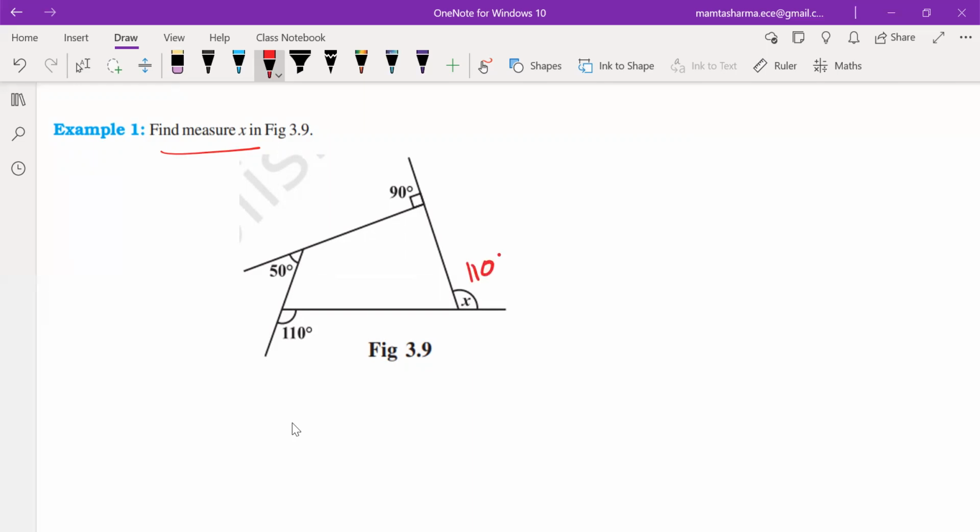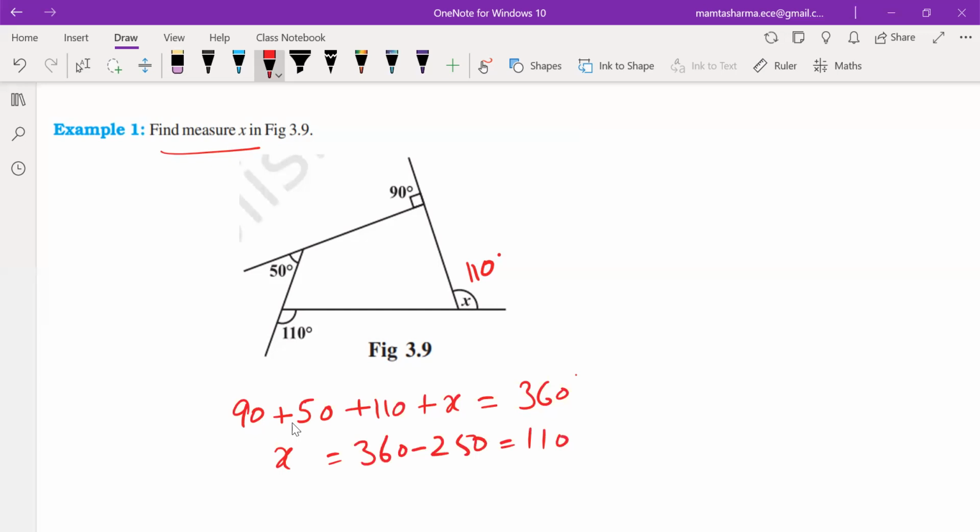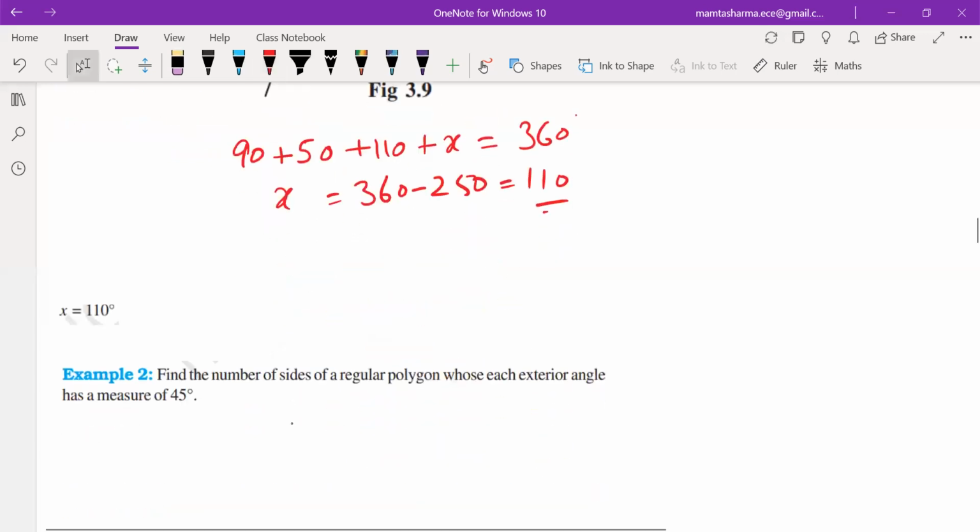It will be 110. 90 plus 50 plus 110 are exterior angles, and here x is also an exterior angle, and the sum is constant, that is 360 degrees. So x would be 360 minus 250, which is 110. Okay, correct.